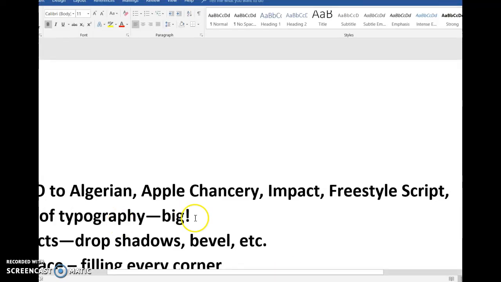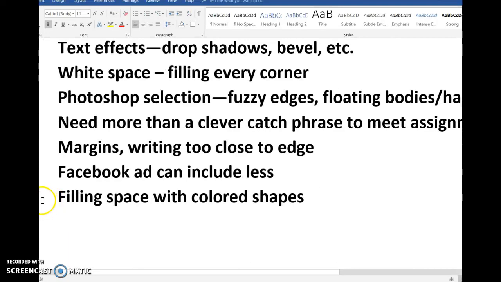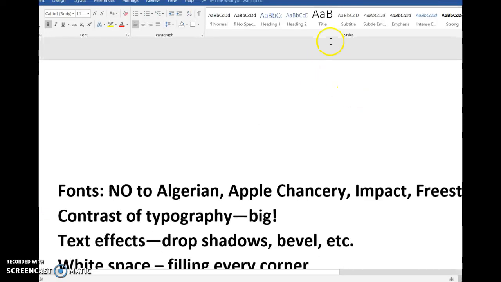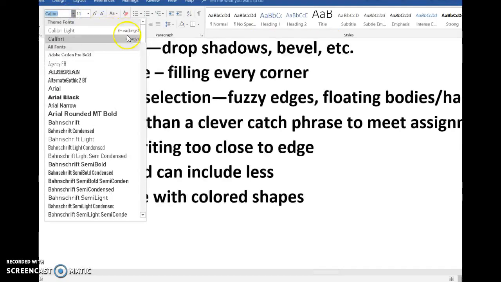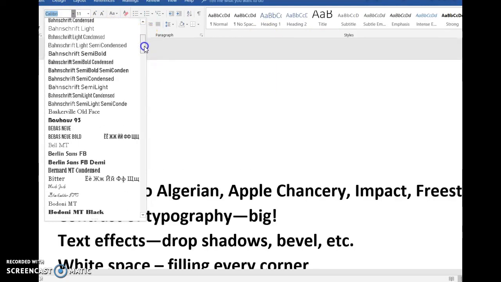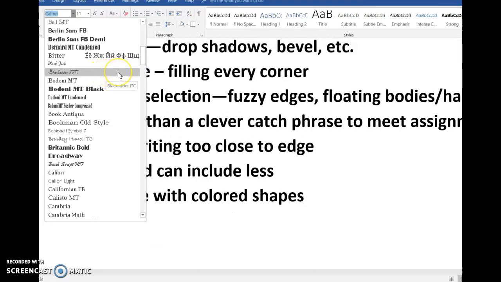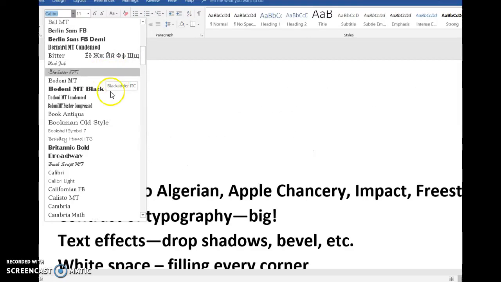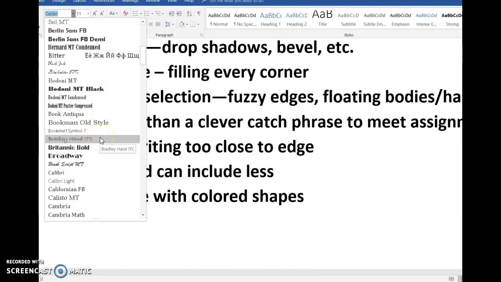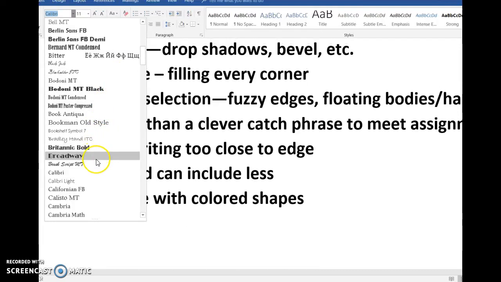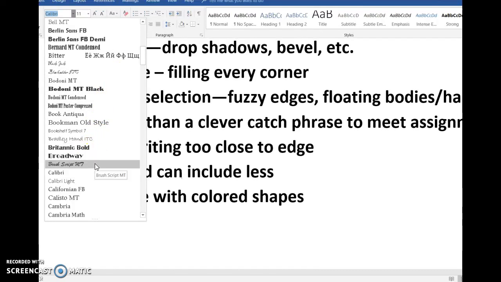Okay? If you're using a font that is one of these, when you're scrolling downward and you see something that looks drastically different and super cool, chances are many other beginner designers have had the same thought and said, ooh, Bradley Hand looks really different, Broadway looks really different, Brush Script looks really different.